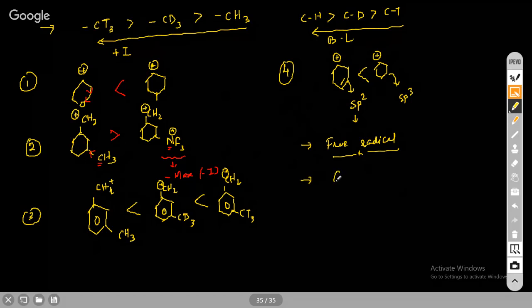If you have carbanion, then the stability will be reversed. I hope these two you know already. If yes, then I will move forward. Otherwise, I'll give you some questions on this. For carbanion, the order will be reversed, and carbocation and free radical are the same kind of nature, same concept we have. Yes or no?